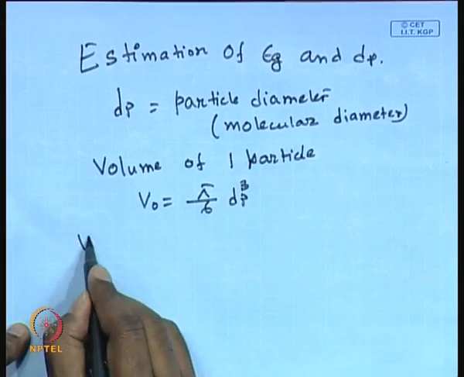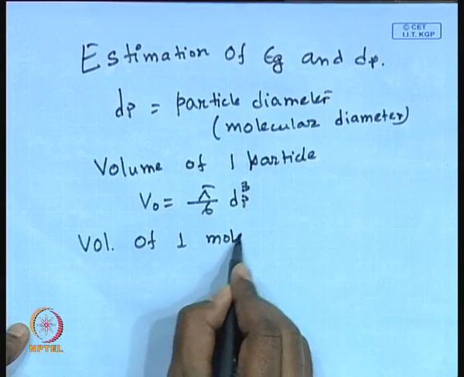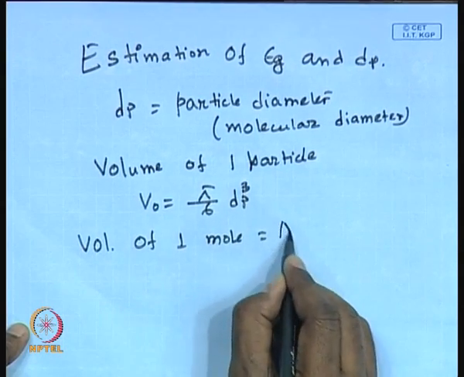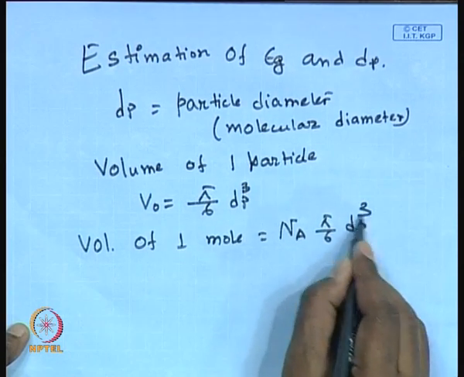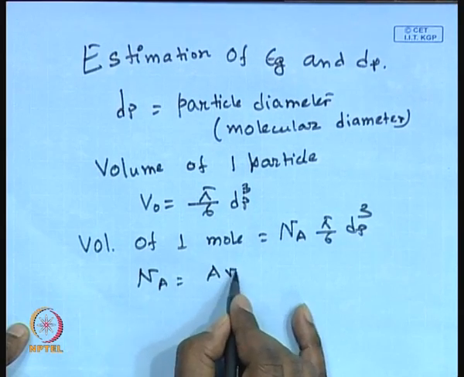Now, volume of 1 mole will be how much? It should be multiplied by the Avogadro number. Okay, Na pi by 6 dP cube, where Na is nothing but the Avogadro number.